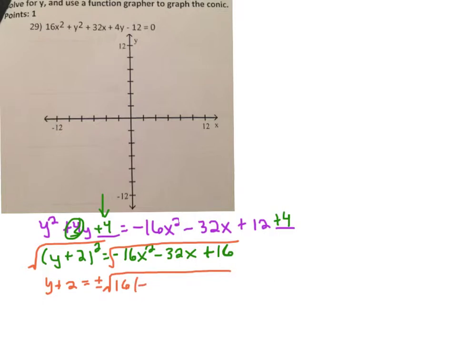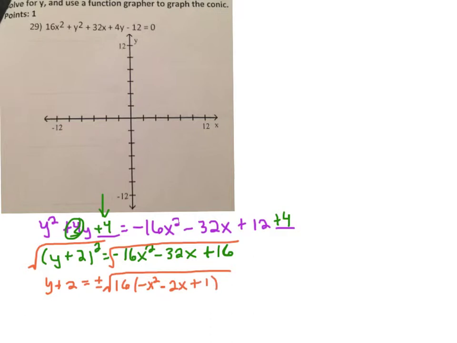If all we were doing is putting this into the calculator and matching up the graph, then we wouldn't necessarily care about trying to simplify underneath that square root. But since we're looking for a particular multiple choice answer, they did some simplifying, so that's why I'm doing this.